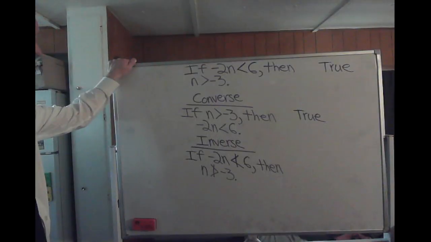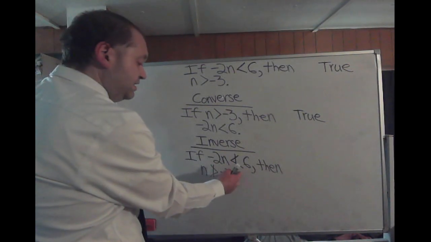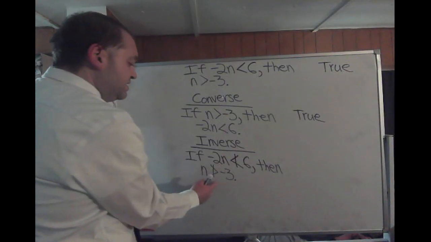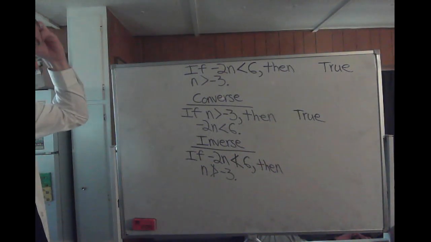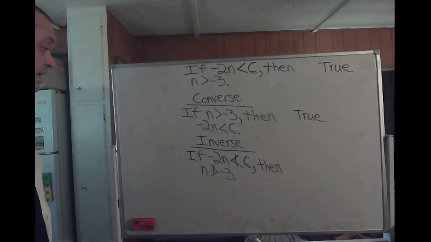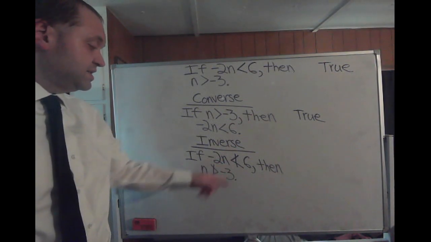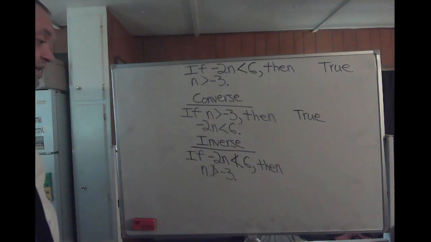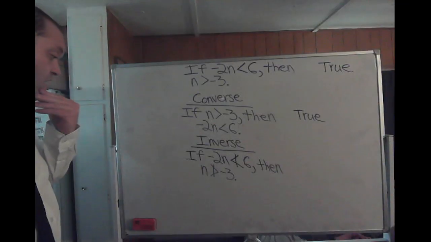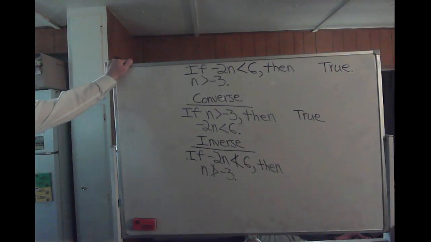If n equaled -3, you would have 6, which 6 is definitely not less than 6, right? It equals 6. What about if I put in -2?